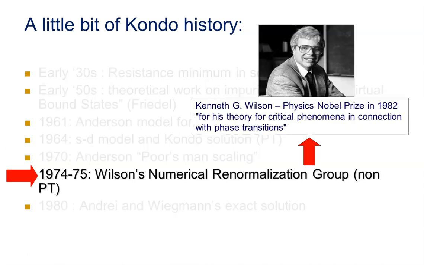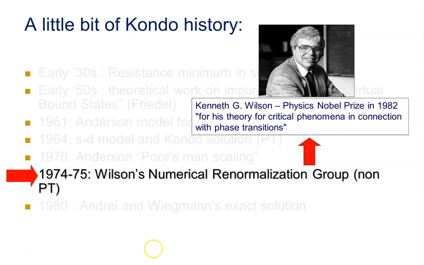So let me focus on the idea of Ken Wilson, who actually got the Nobel Prize in Physics in 1982 for his work, not only on the Kondo problem, but in many other works in critical phenomena and phase transitions, and the application of the renormalization group to these problems.